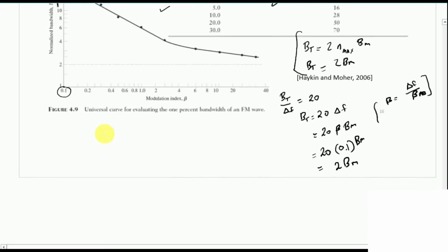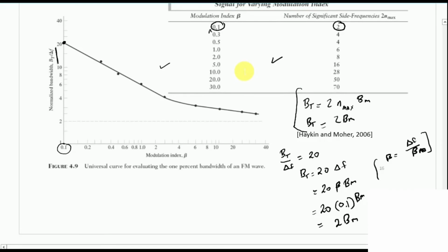So let's start with the value of 2 from the simpler table, and this corresponds to 2 n max equal to 8. From the simplified table we have transmission bandwidth BT, which is equal to 2 n max times the bandwidth of message signal BM.